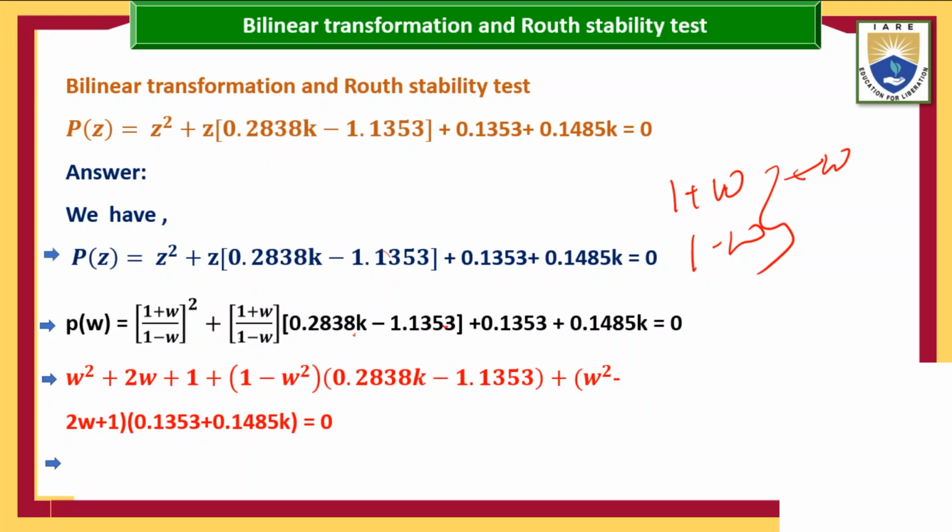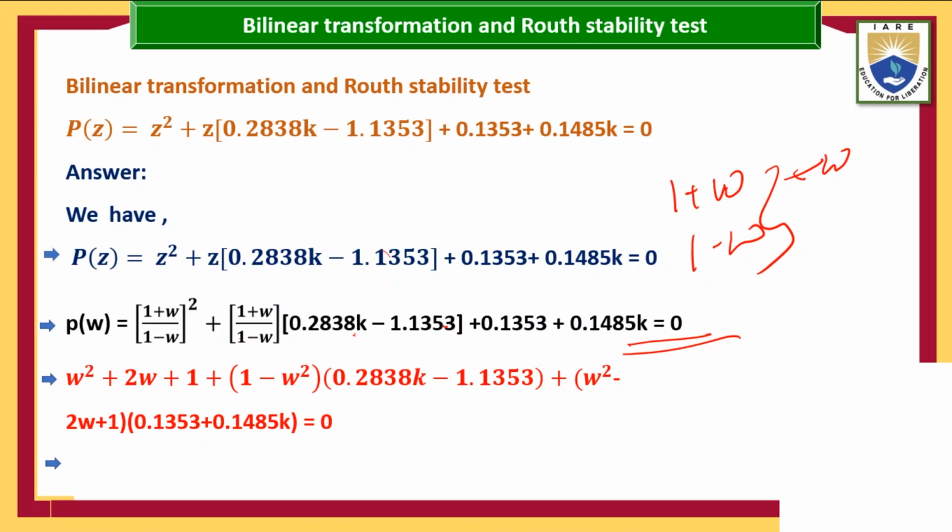Simplifying this equation, we got omega square plus 2 omega plus 1, into 1 minus omega square, 0.2838k minus 1.1353, plus omega into minus omega square into 2 omega plus 1, and the last term, the constant terms.